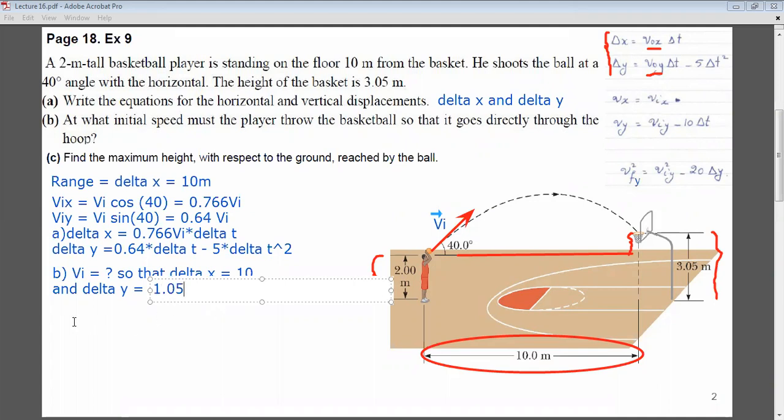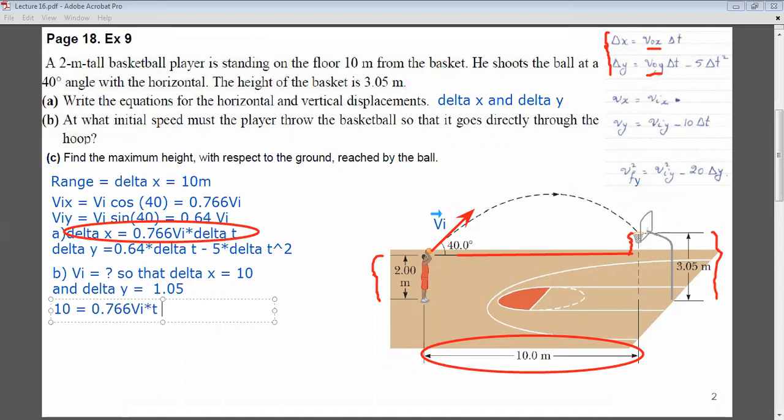Okay, so we come to our equations. Delta x is 10. Okay, so this is the first equation. So instead of delta x, I will put 10 equals 0.766 v initial t. Let's call it t instead of delta t.